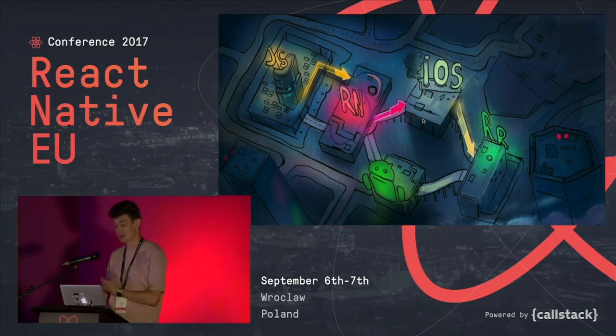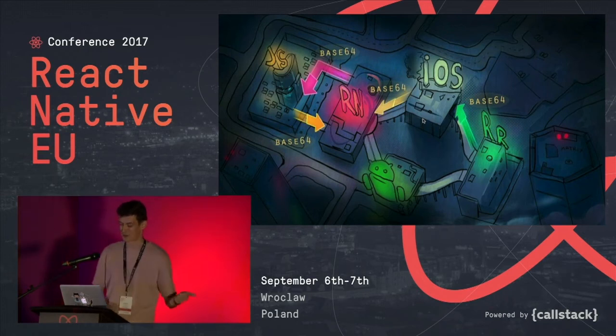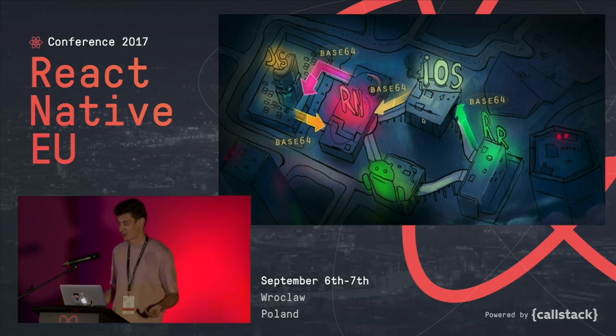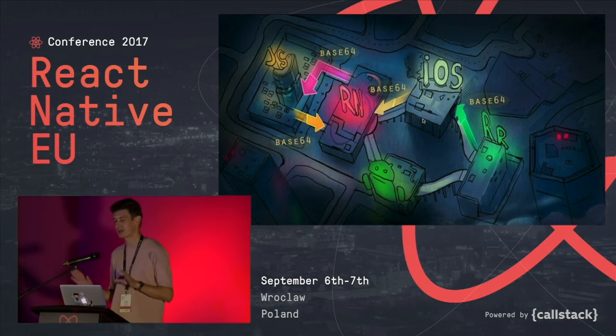So we make this request, and if you want to get back an image, let's say, we actually need to make a really nasty hack. We need to convert it to base64, push it back through React Native because it will then be a string. And React Native is capable of processing strings as a response, so it will go to JavaScript as a string.